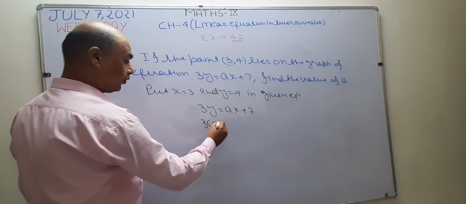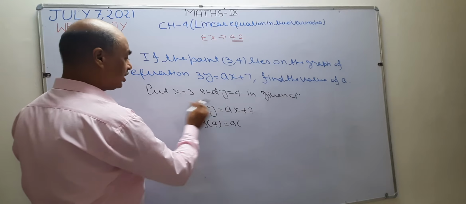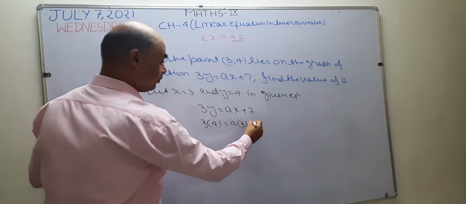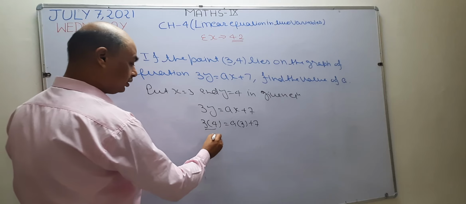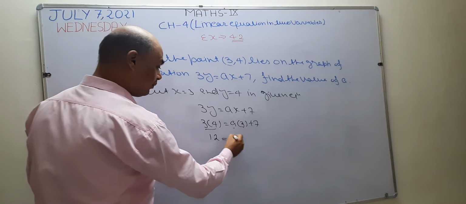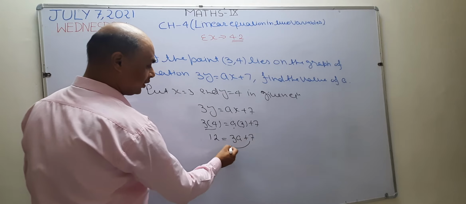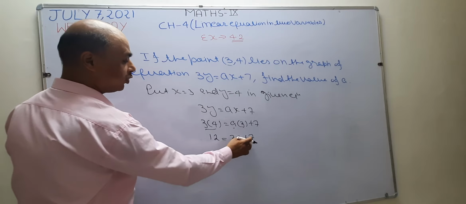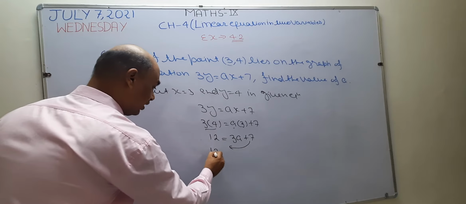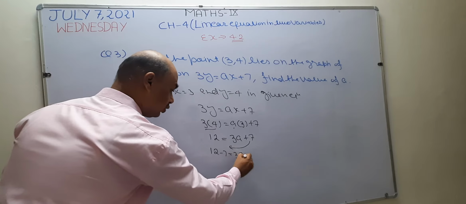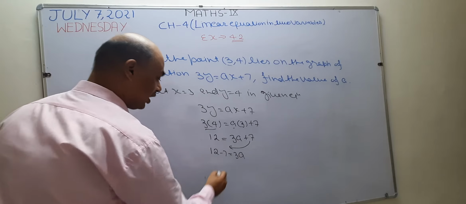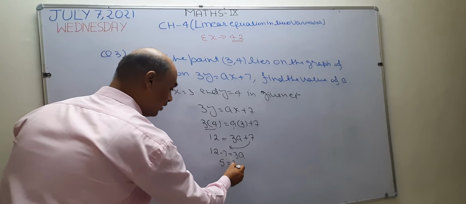I write here 4, and value of x is given 3, so I write here 3 plus 7. 3 4s are 12. 3 into a become 3a plus 7. I take this 7 from right to left, so this become positive to negative. So write here 12 minus 7 equal to 3a. 12 minus 7, how much? 5. 5 equal to 3a.